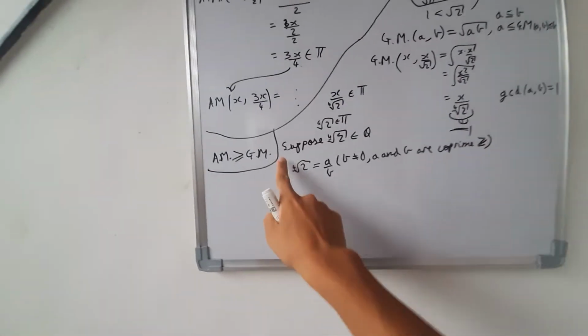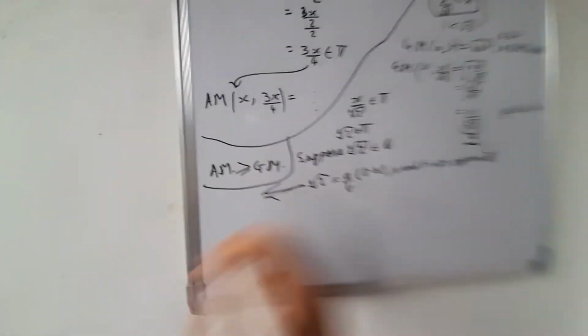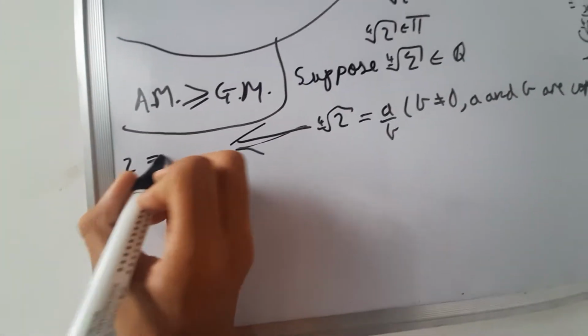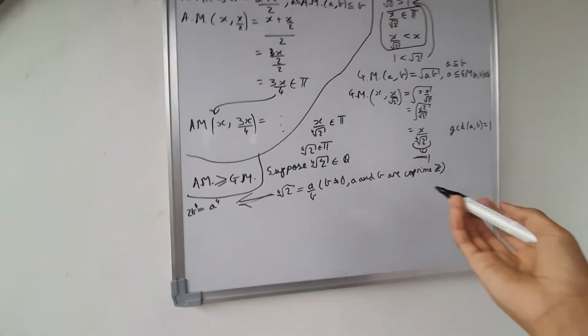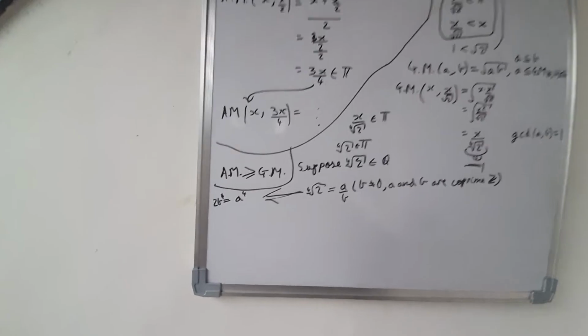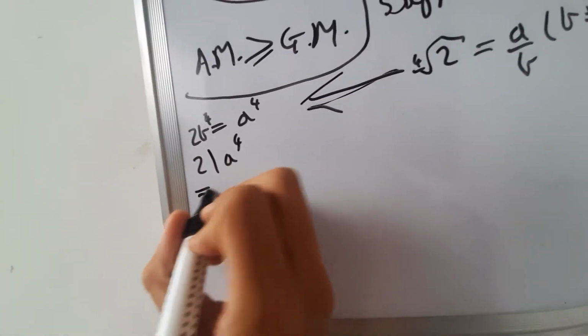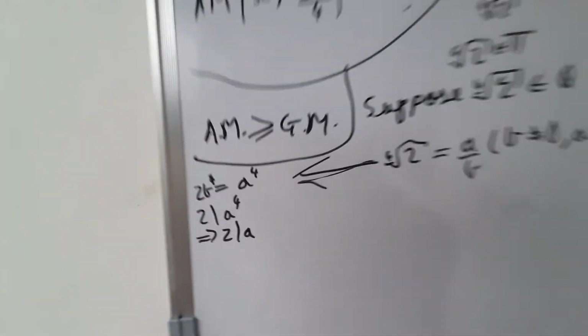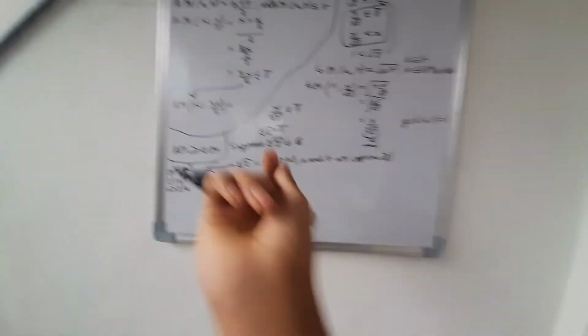Okay, so from here we do 2 is equal to a to the fourth over b to the fourth. So 2b to the fourth is equal to a to the fourth, right? Because b to the fourth is an integer, we can say that 2 divides a to the fourth, which implies that 2 divides a, because if a to the fourth has a factor of 2, then a must also have a factor of 2.